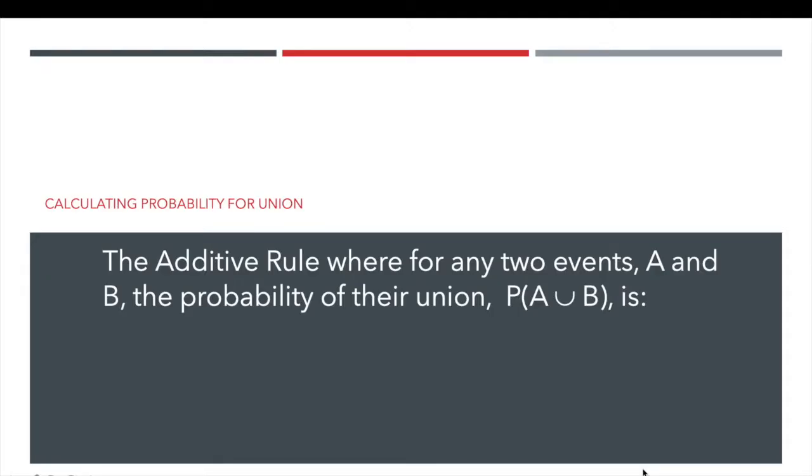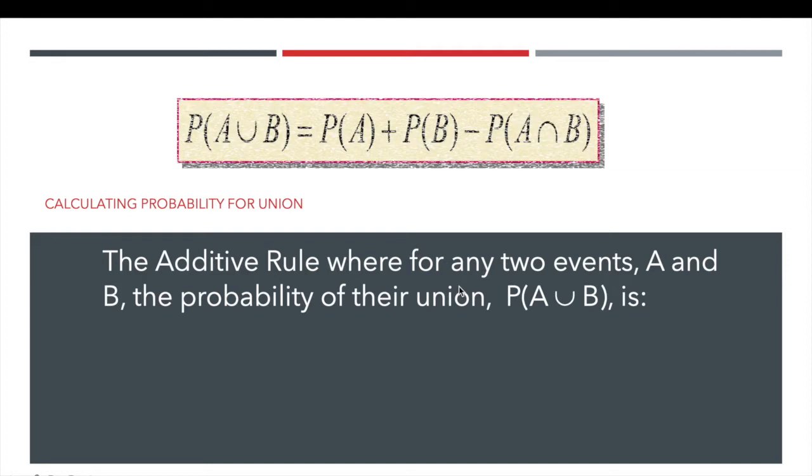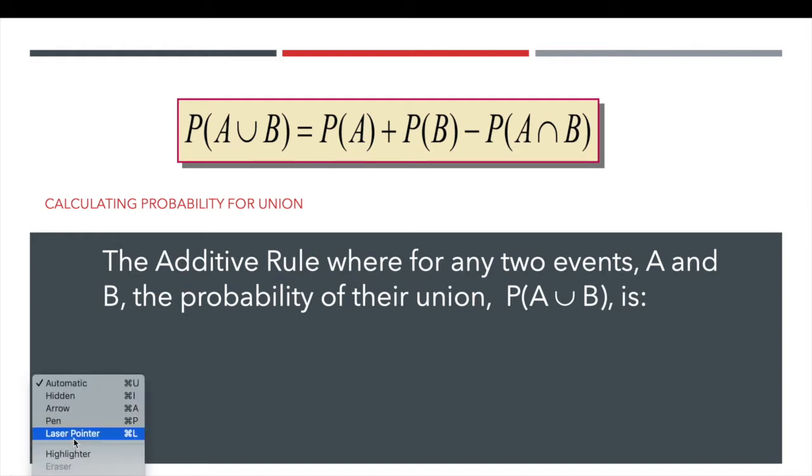In order to calculate probability for the unions, we have to apply the additive rule, whereby for any two events A and B, the probability of their union, which is P(A union B), is like this.